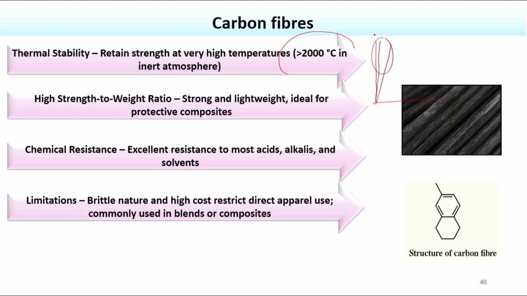So, this type of brittle nature and high cost restrict direct apparel use, commonly used for blends and composites. So, it is expensive fiber, for very specialized application we can use. In apparel we cannot use it because it is brittle in nature, but we can use it in blends if we need to enhance the characteristics.